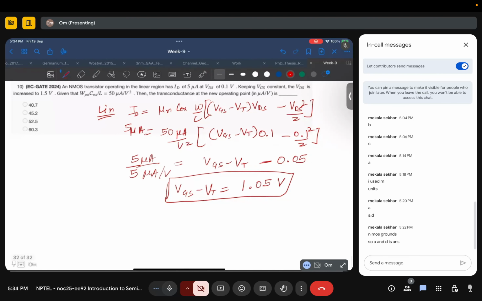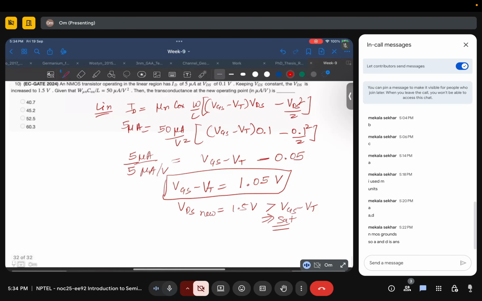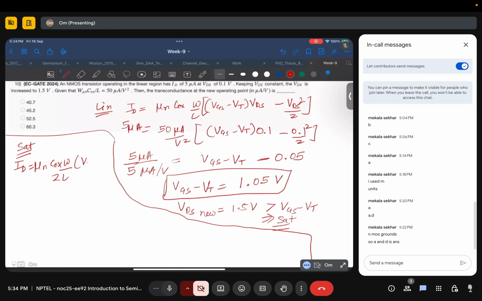Next, now VDS new is 1.5 volt, which is greater than VGS minus VT. Now it is in saturation. So in saturation, ID is mu n C ox W by 2L VGS minus VT whole square, and gm is del ID by del VGS.